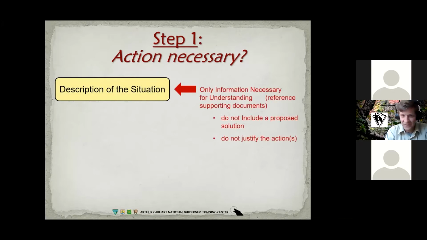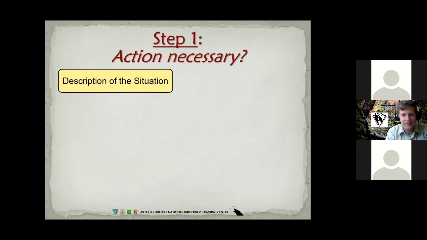And when we describe the situation, we're only talking about the current situation. What is the situation that you are facing in the field? We're not going to talk about solutions or proposals or what we want to do. We're just laying out basically the foundation of what is happening in the field. Next slide, or next button.